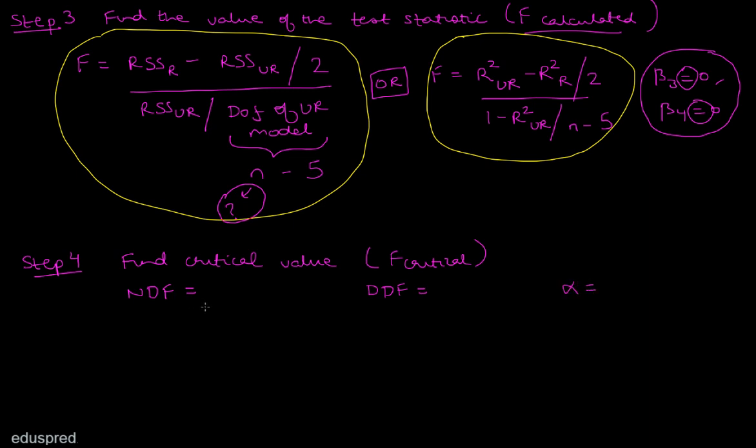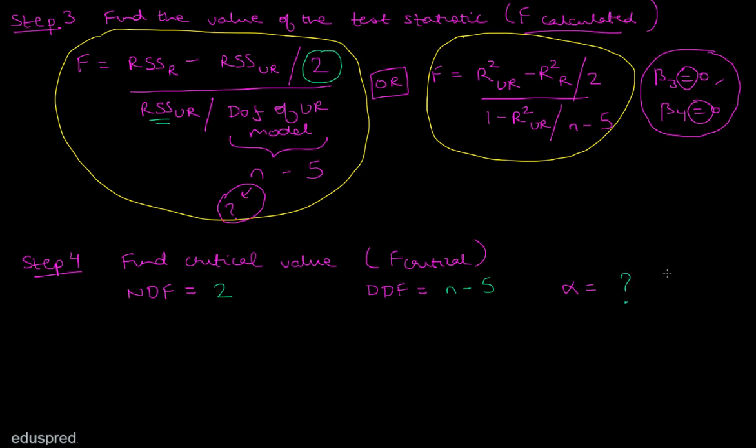So in this particular question, do we have any idea about the numerator degrees of freedom? Well, yes. The numerator degrees of freedom is actually this. So the numerator is divided by 2. So the numerator degrees of freedom is 2. Similarly, this denominator is divided by n minus 5. So the denominator degrees of freedom is n minus 5. We are not given any value of alpha in the question, so we cannot put any value over here.